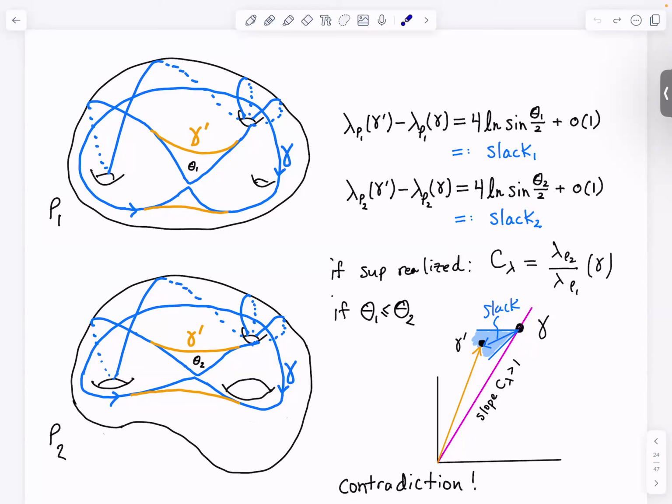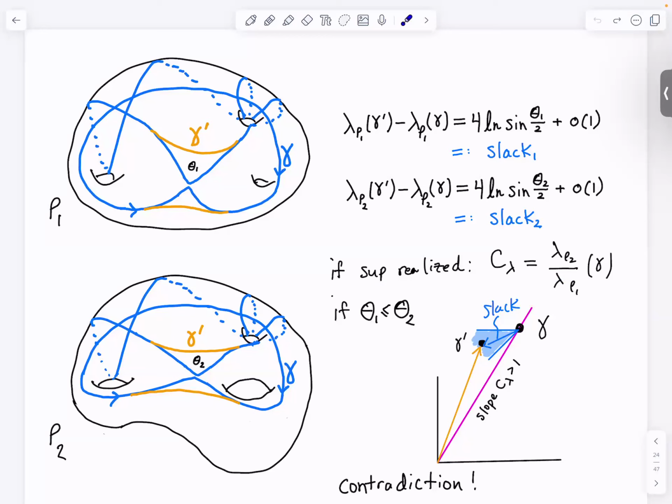Okay, contradiction. That cannot happen, right? Because we assumed gamma was realizing the maximum stretch. Okay, so by examining this resolution, we get a contradiction to the fact that gamma crossed itself. Okay, does that make sense?